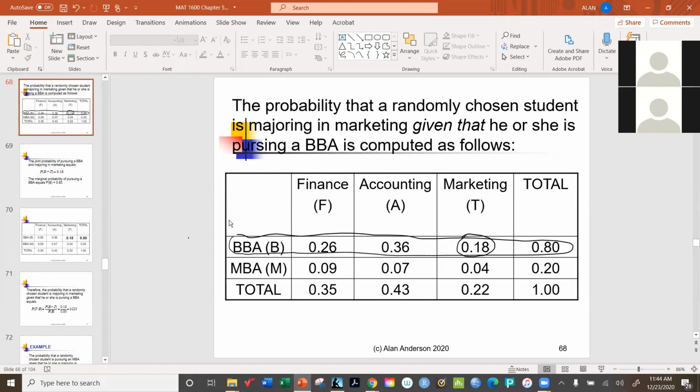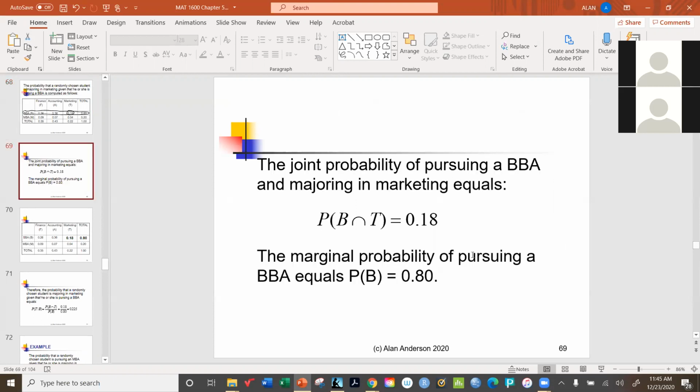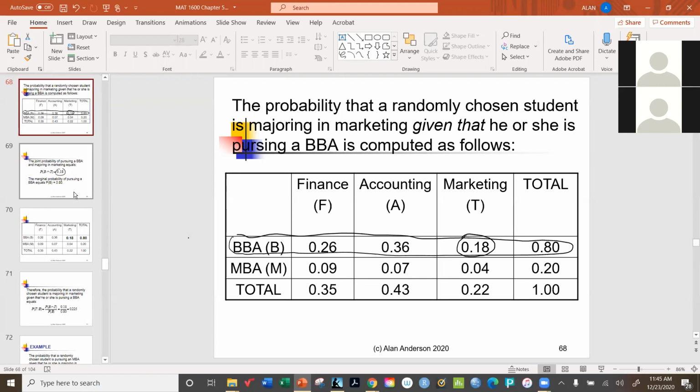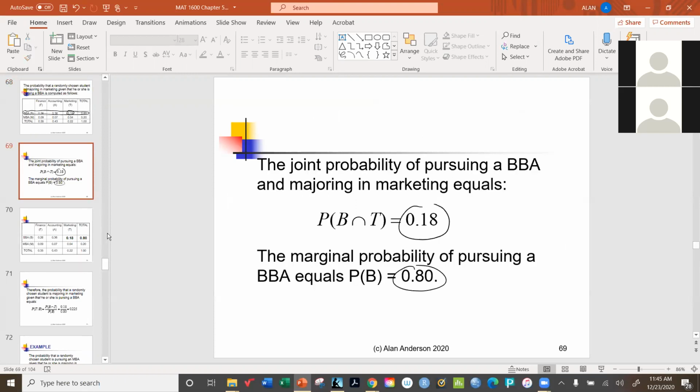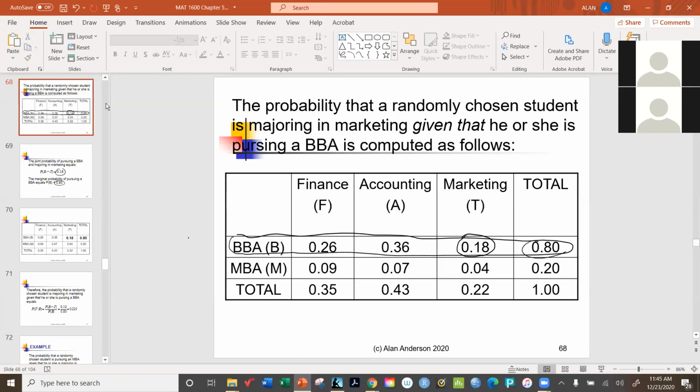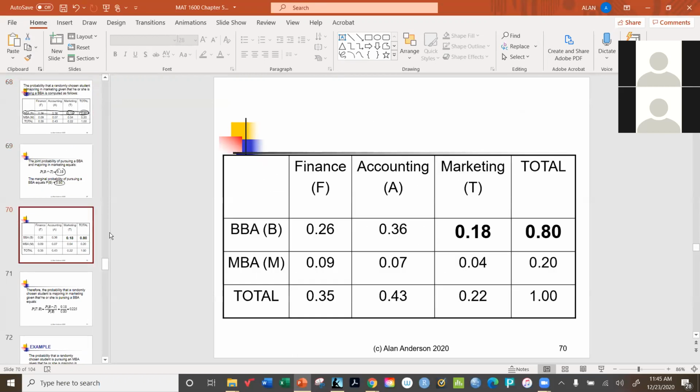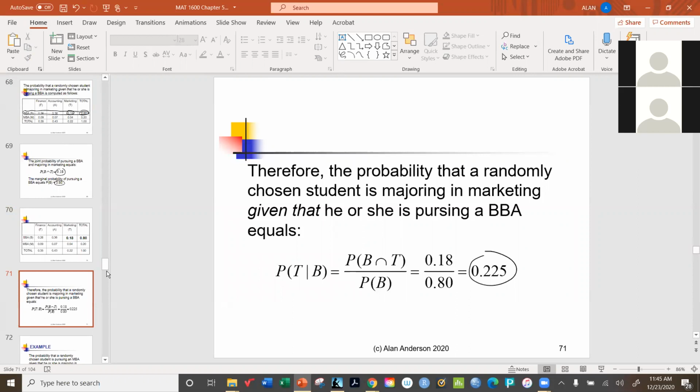So what I'm looking for here is the ratio of 0.18 to 0.80. All right, so we know that the joint probability of getting a bachelor's degree in marketing is 0.18, right there. But the total probability of getting a bachelor's degree is 0.80. So therefore, what we're looking for is the ratio of these two probabilities, which is 0.225 or 22.5%.